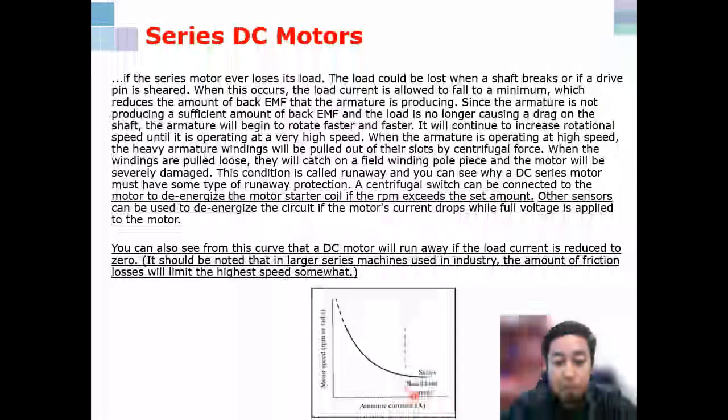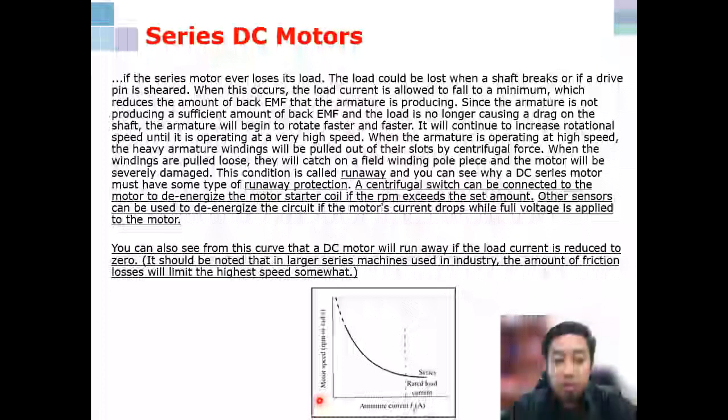So what happens once the current falls to the minimum? The motor speed will increase. Once the current falls to a very minimum, the motor will move faster and faster.